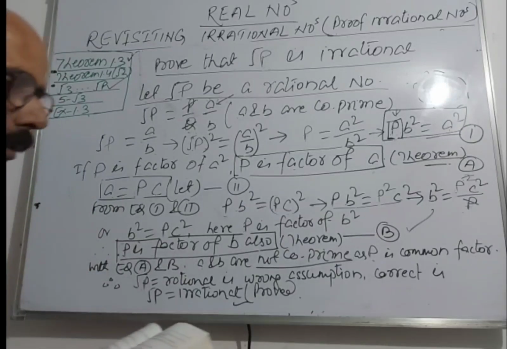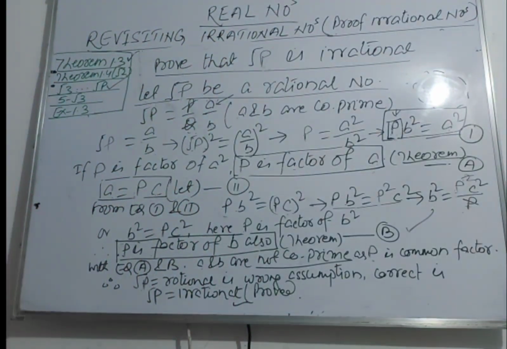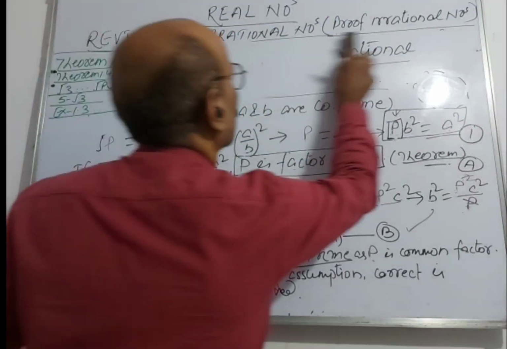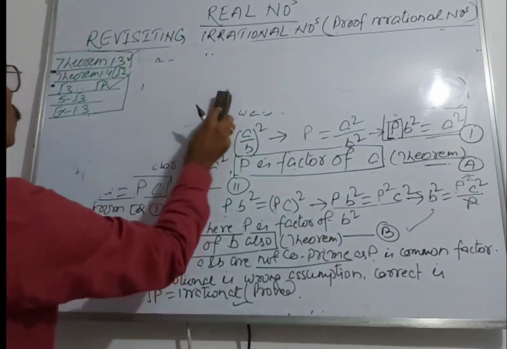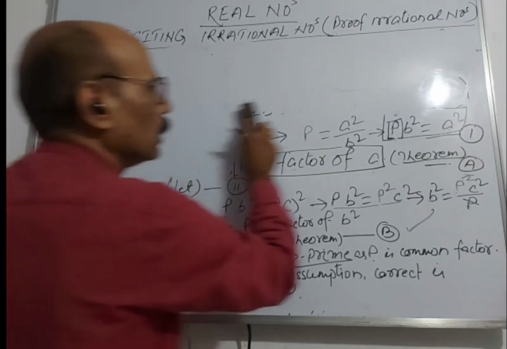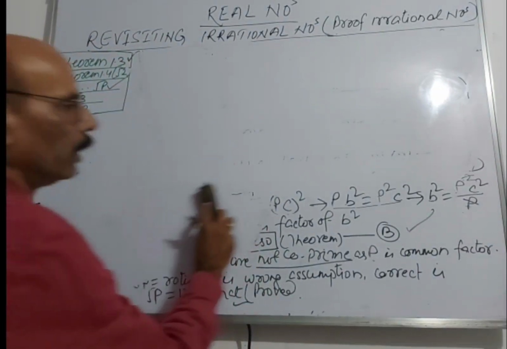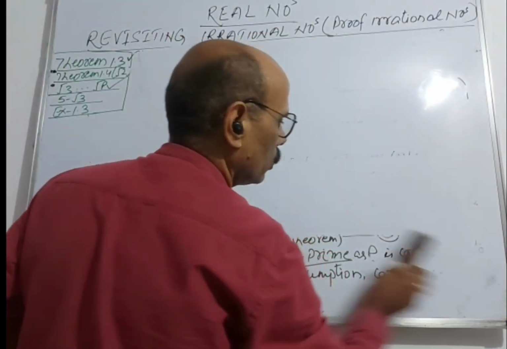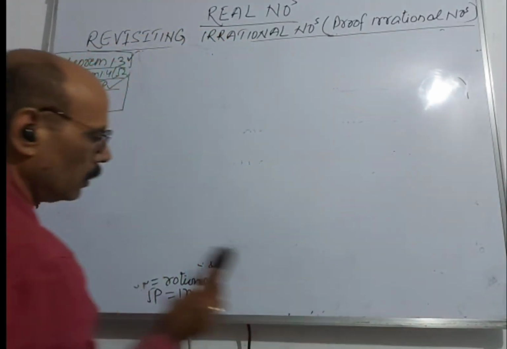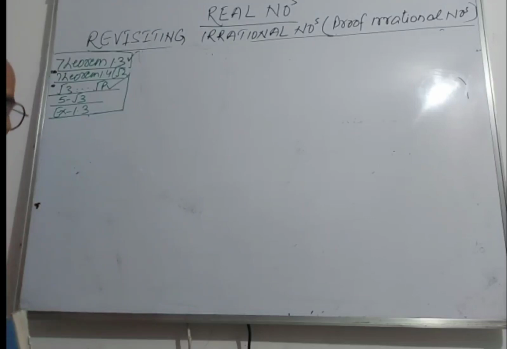Now, let us prove another. Suppose now this theorem, root 2 is irrational. By theorem 1.4, whatever is written in the theorem, we can use this as a proof to prove other things.